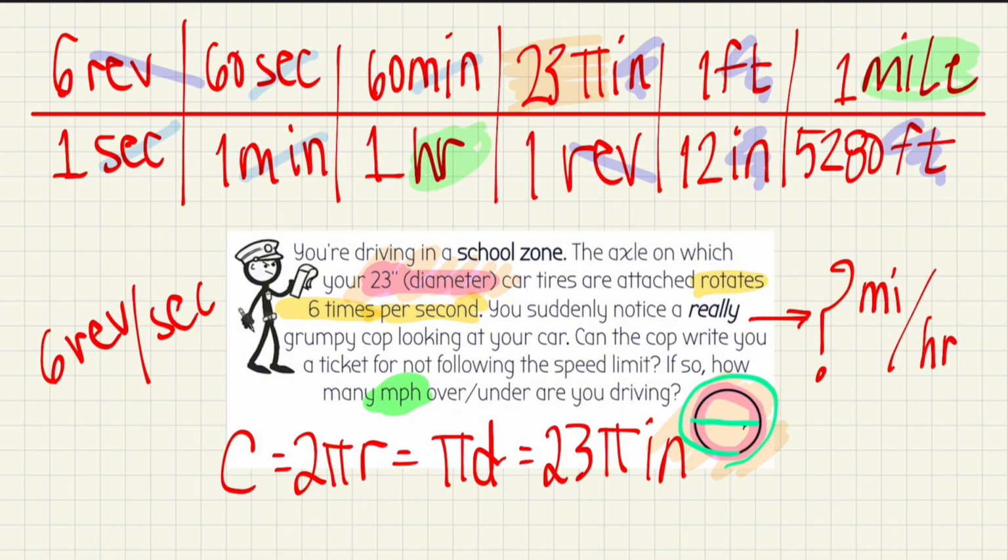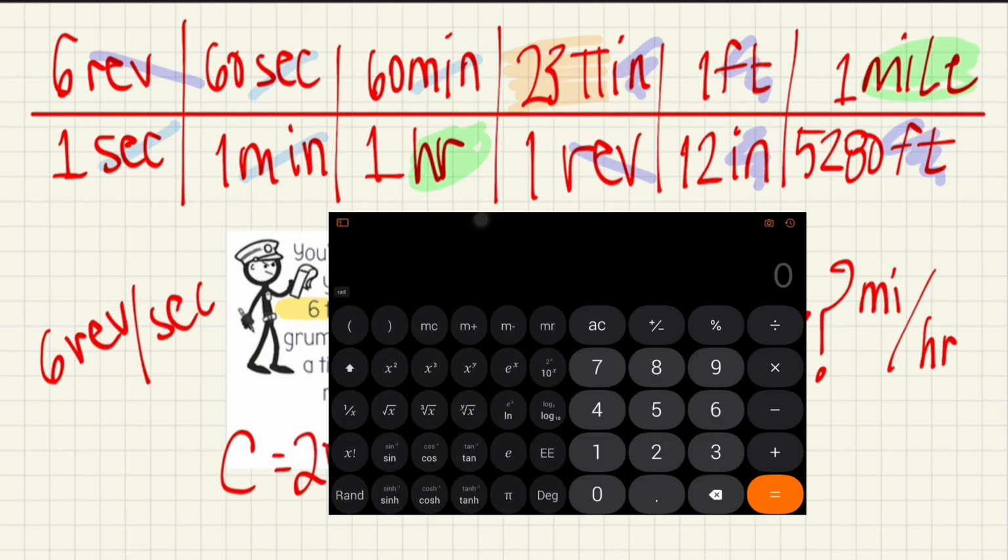So we have everything we need right now. And now all we have to do is punch everything into the calculator. We're going to multiply everything from our numerator. We had 6 times 60 times 60 times 23. I don't really have to put times here, but I'm going to keep putting everything with the multiplication.